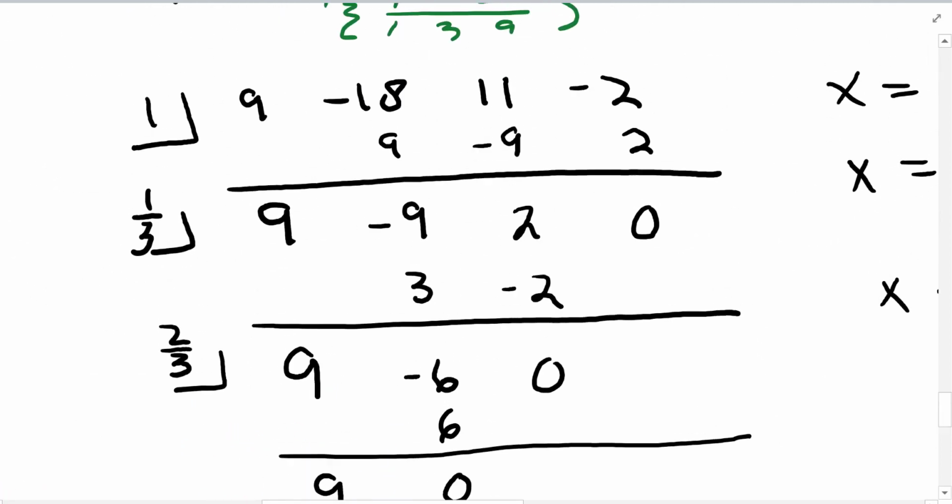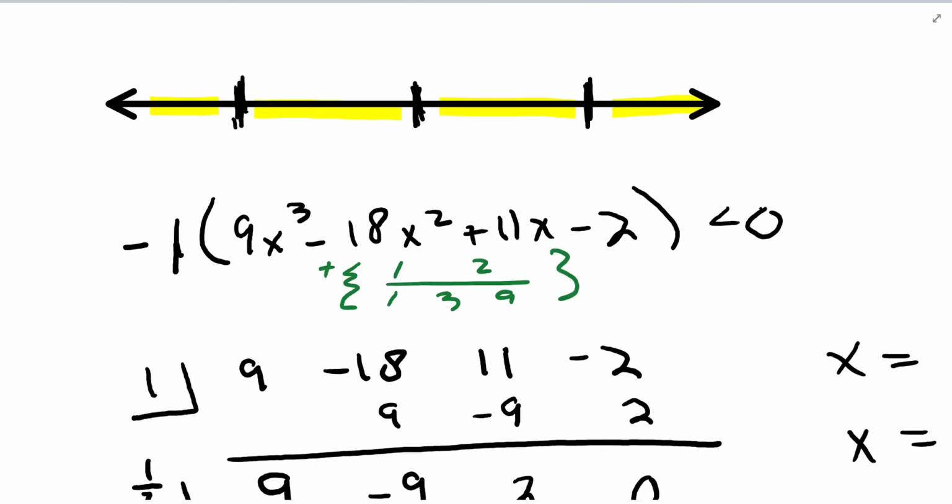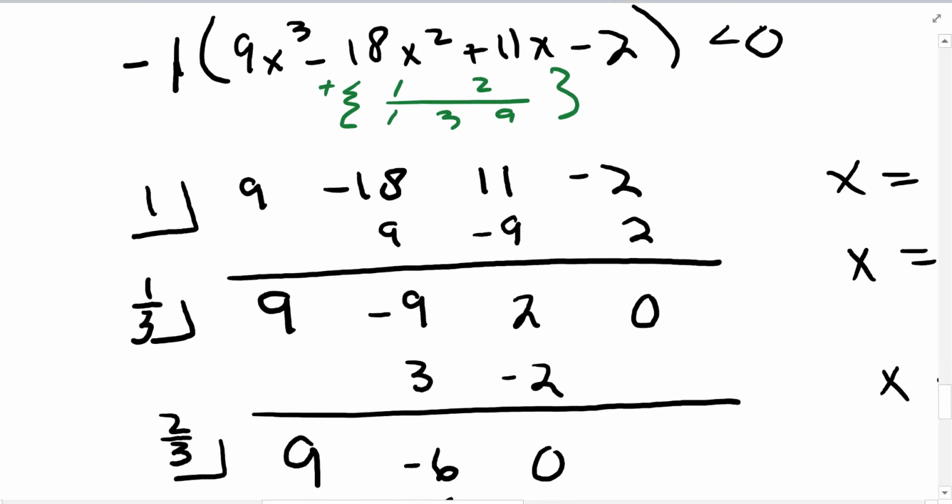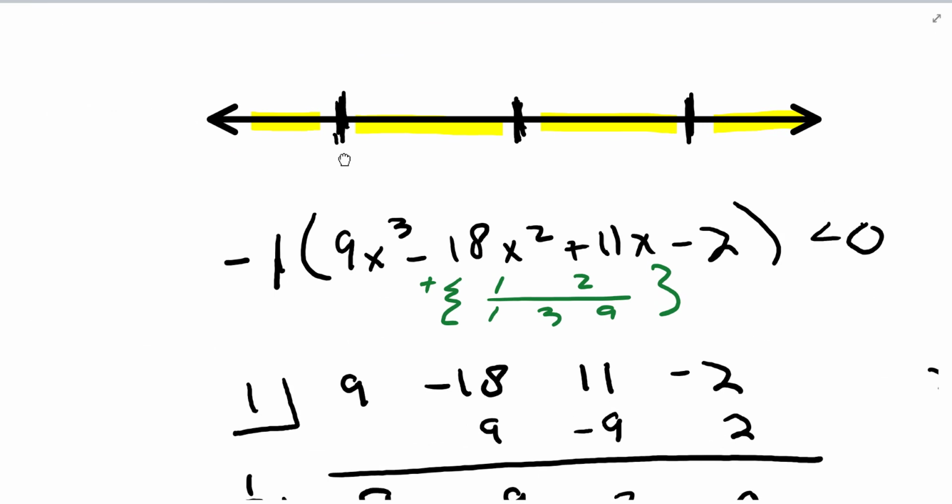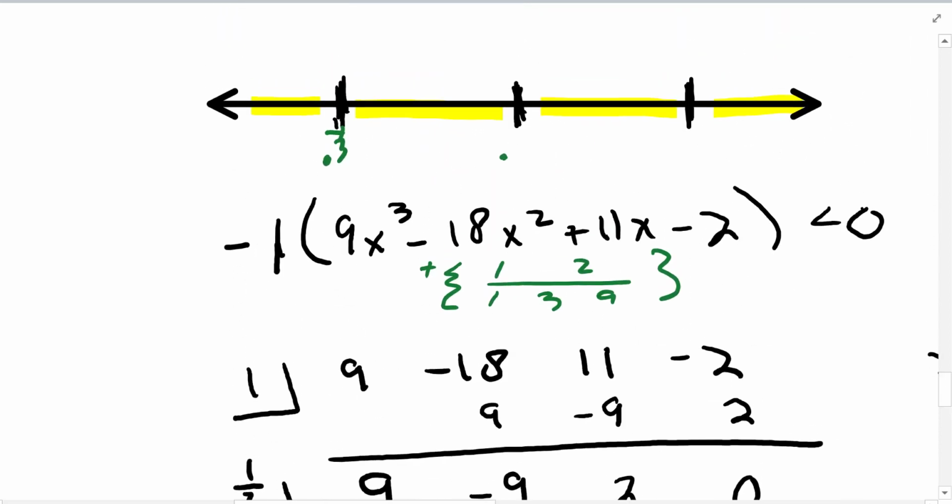So then you can do your number line. So we had 1/3, or 0.333, and it continues. Or I could just write 0.3 repeating. 2/3 worked, so 0.6 repeating, and 1 worked.